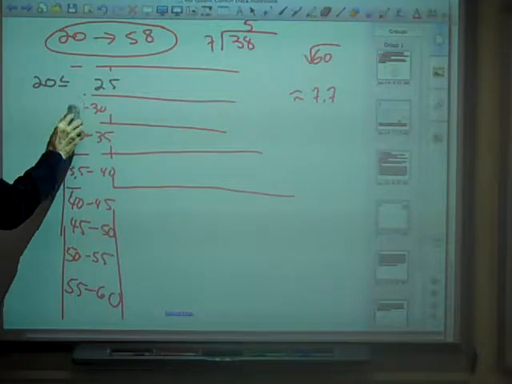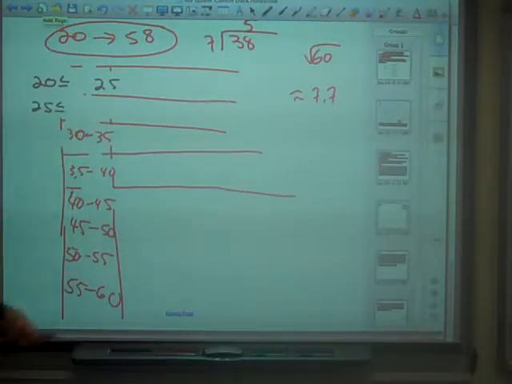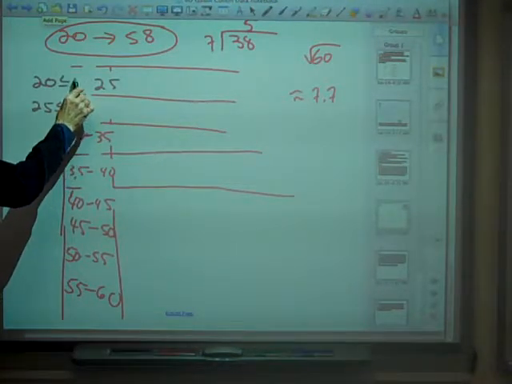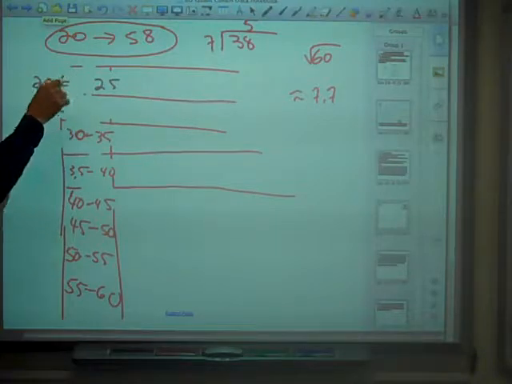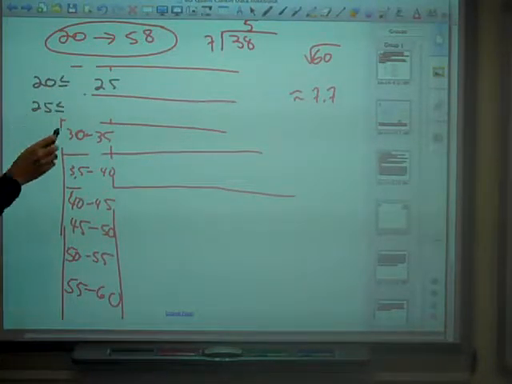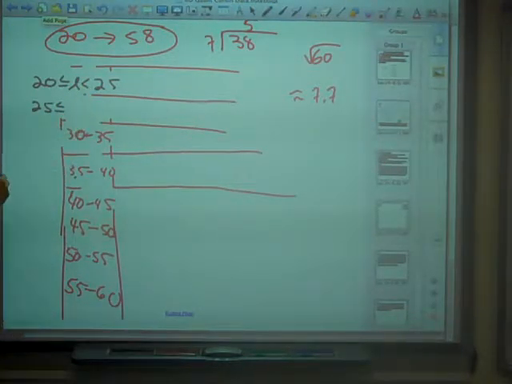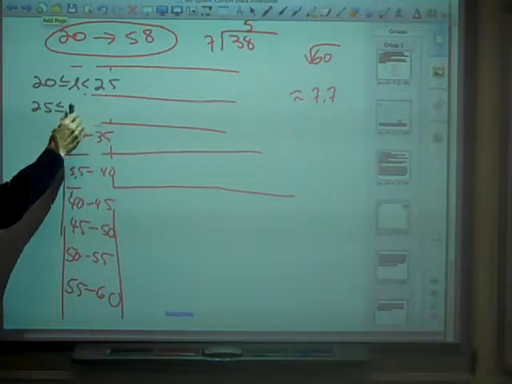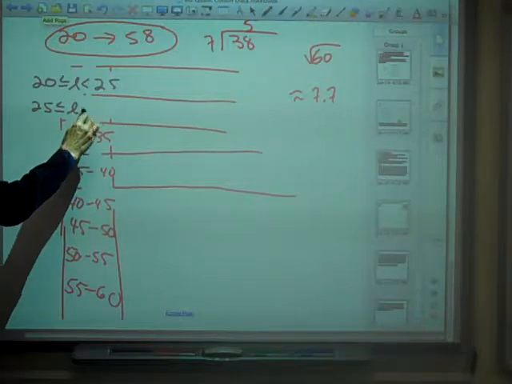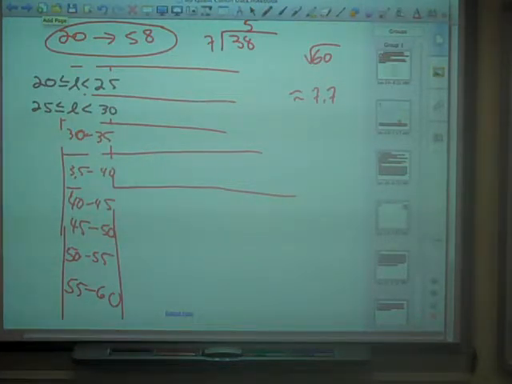Is it L, for length, or X, some variable? Then 20 is less than or equal to L, less than 25. And this one would be 25 less than or equal to L, less than 30.